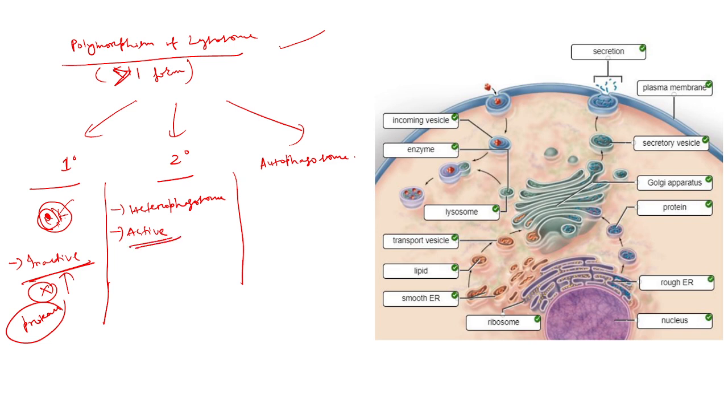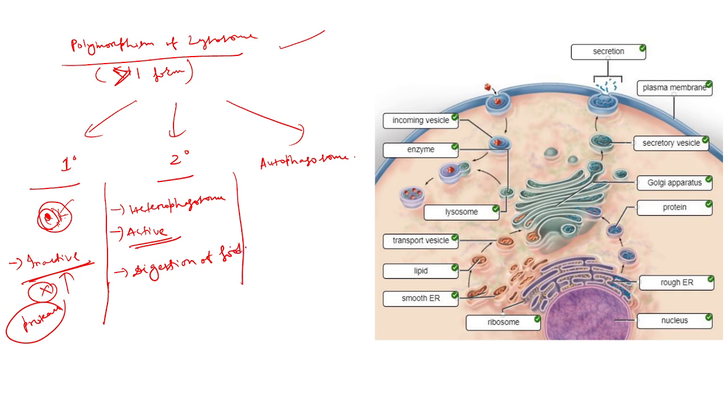So here all the molecules, that means protein, carbohydrate, lipid, nucleic acid, phosphate, all these things are digested by this secondary lysosome. That's why the main function of the secondary lysosome is the digestion of the food.